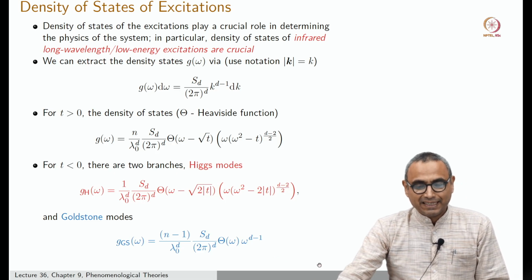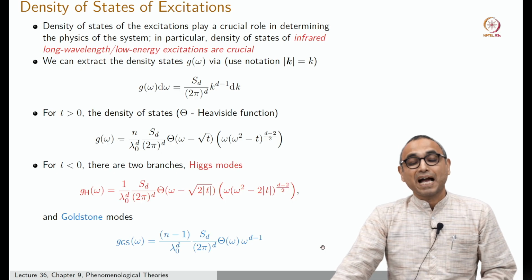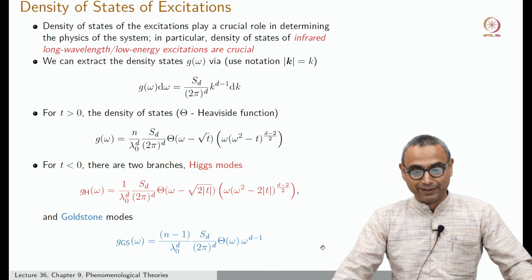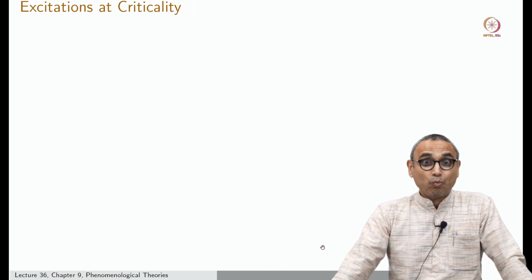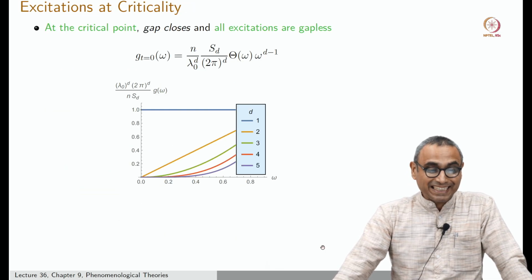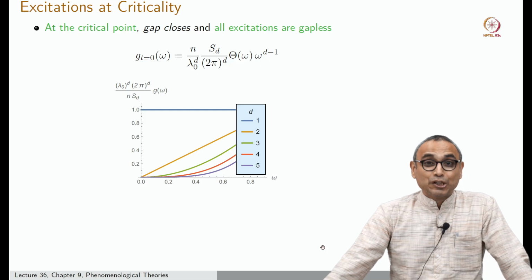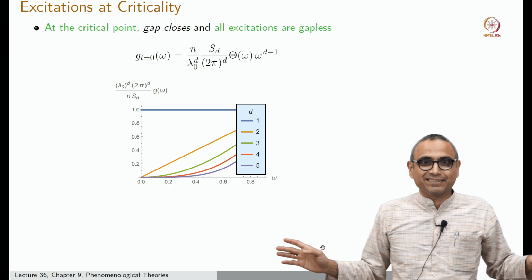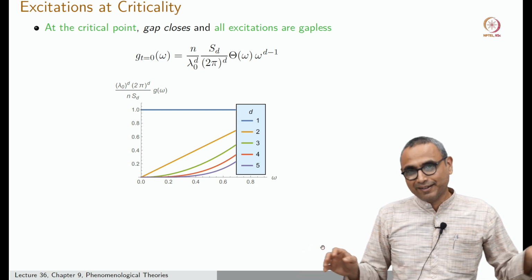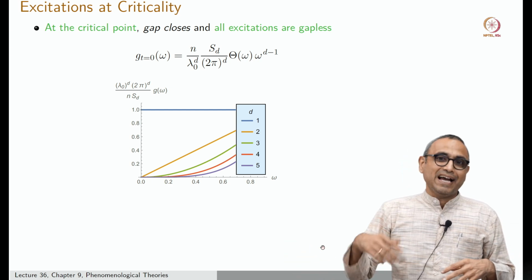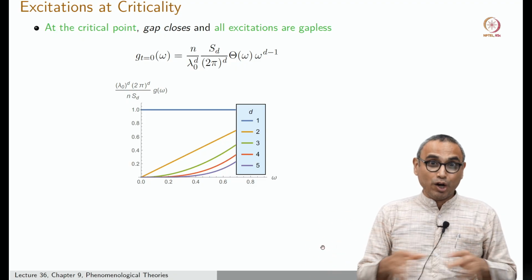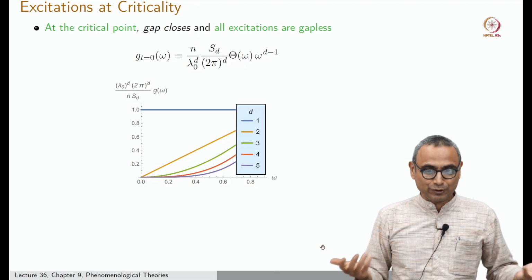Okay. So the question is, what is the nature of the density of states near the critical point? What are the excitations at criticality? At the critical point, all the excitations, Goldstone modes, the Higgs mode from t less than 0, and all the fluctuation modes for t greater than 0, become gapless because t is now set to 0.